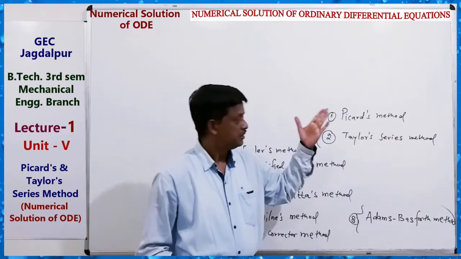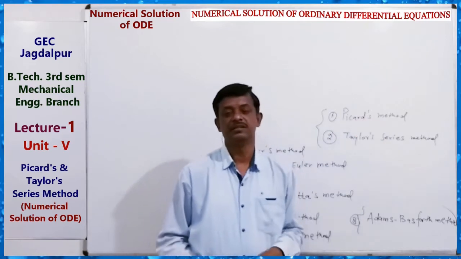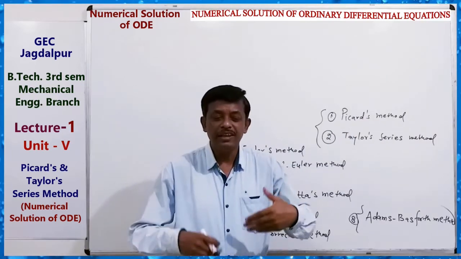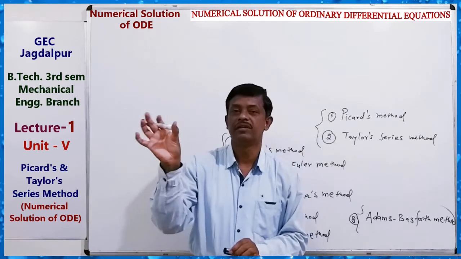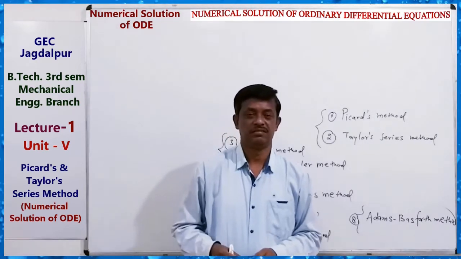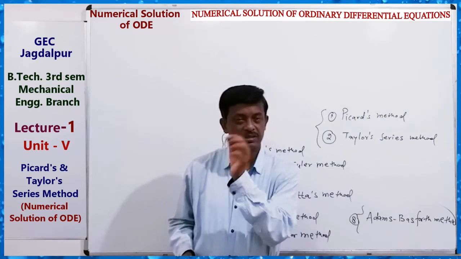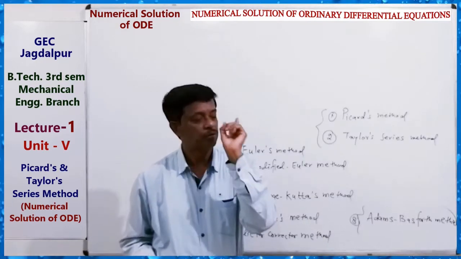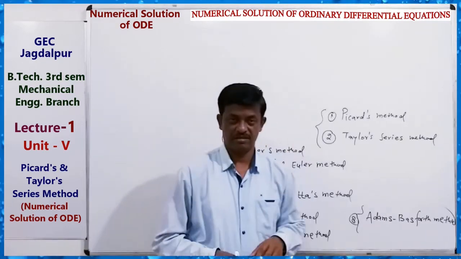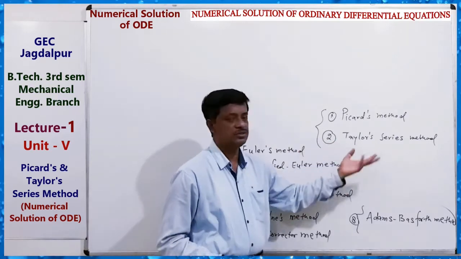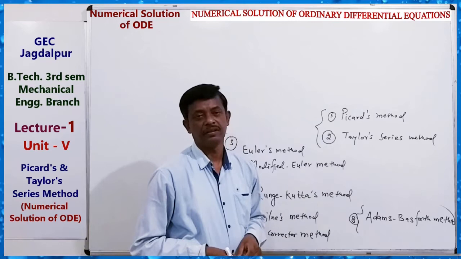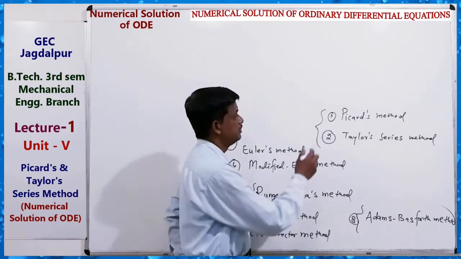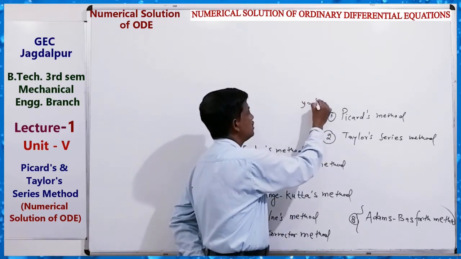In this method, we will get the value of y as a series, whose terms will be functions of x. Just like Taylor series, we will get in this method the value of y as a series.